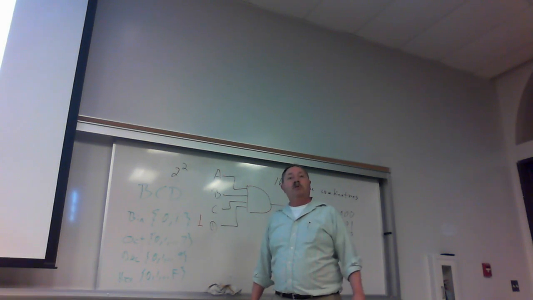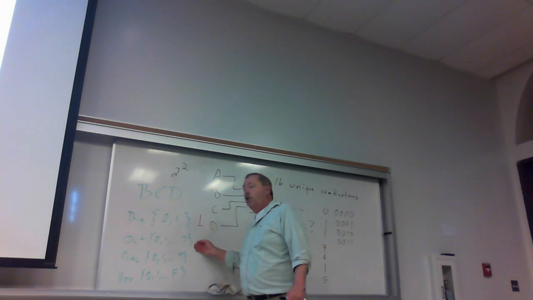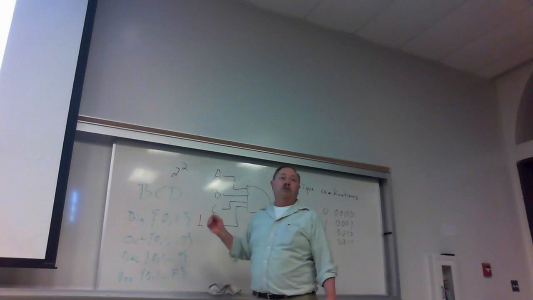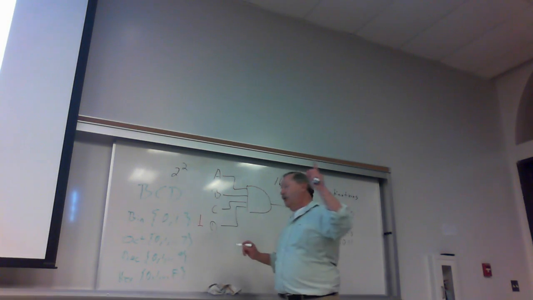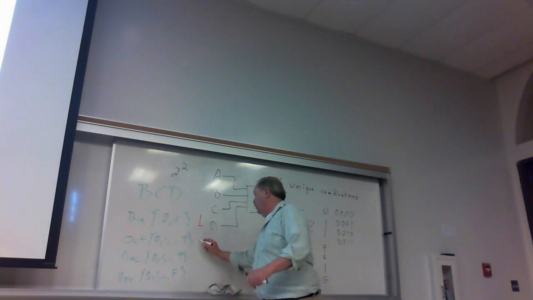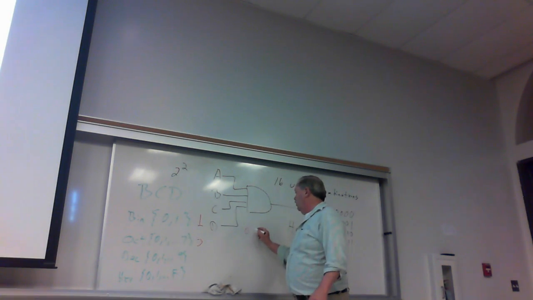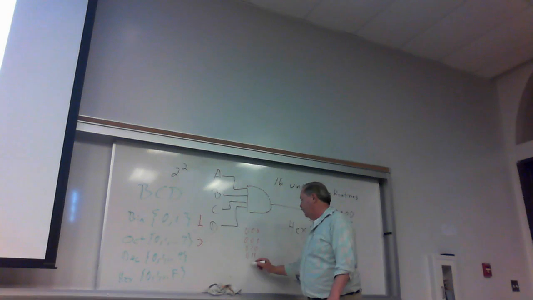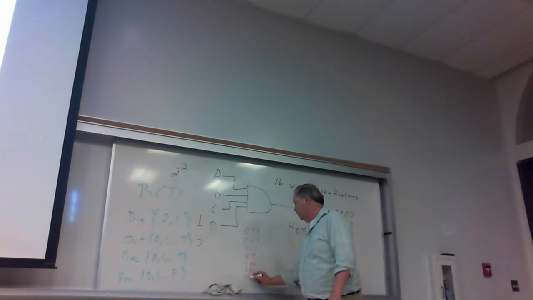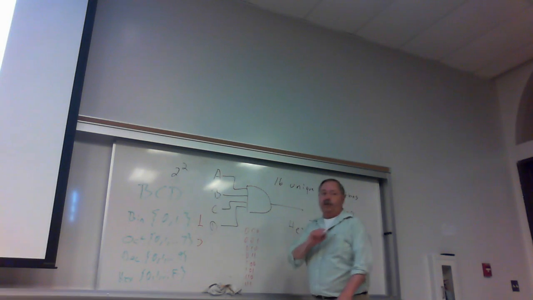How many bits do I need to generate all of these, the minimum number of bits I need to generate all 8? 3, right? Because 0 is 1, 1 is 2, 2 is 3, 3 is 4, 4 is 5, 5 is 6, 6 is 7, and 7 is 8, right?